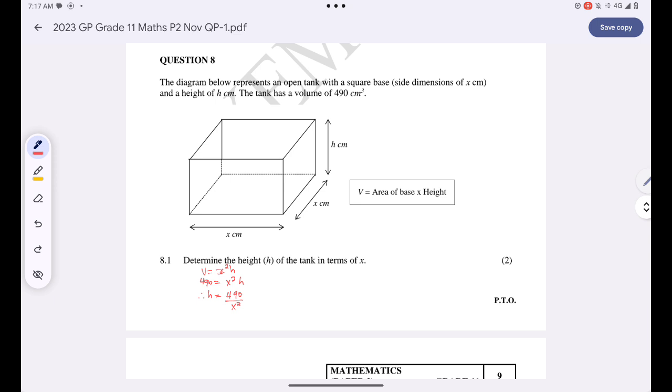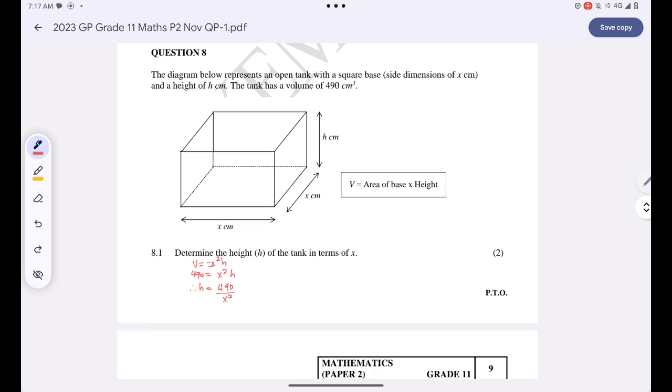And since this is an open tank, we don't have to find the area of the top square. So we will only find the area of the bottom of the base, which is the square, and these four rectangles which are surrounding the tank, which are on the surface of the tank rather.